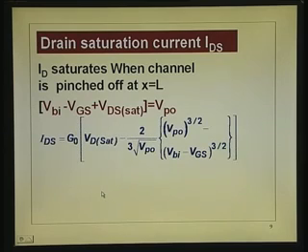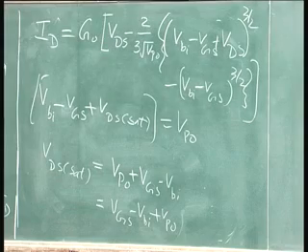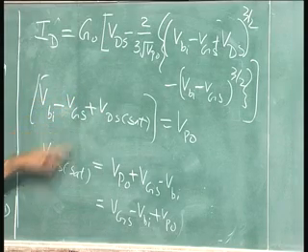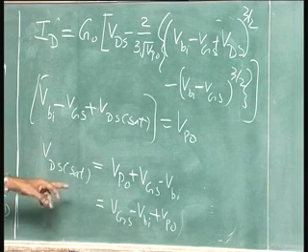So, what we do is that now, that is V d sat, and this whole thing that was there, that is V b i minus V g s plus V d s sat is V p 0 and this quantity. Now, what we do further is just a manipulation of terms. I d s is equal to G naught into, once again I am substituting for V d sat as this quantity V p 0 plus V g s minus V b i.